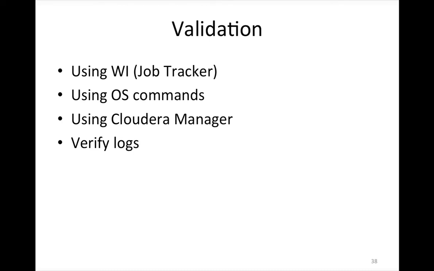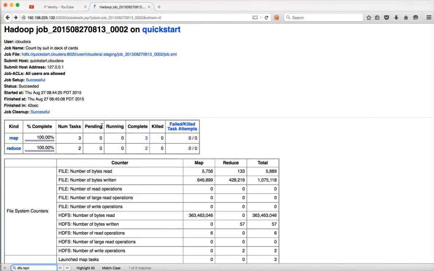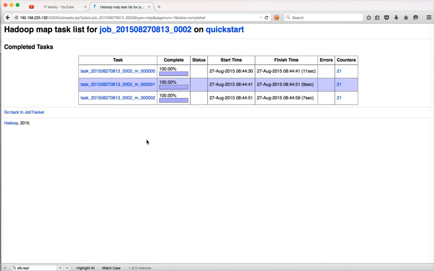That being said, we have seen everything, and also one more thing you need to understand is the logs of the map tasks and reduce tasks. We went to the job, and the job completed with 3 map tasks and 2 reduce tasks, and at times we have to see the logs.